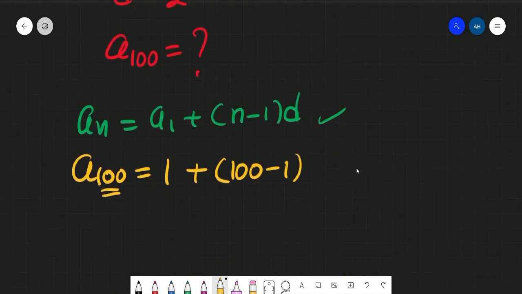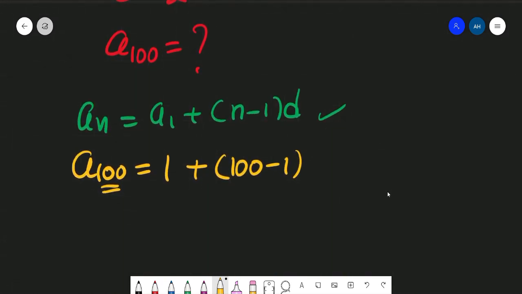So now let's multiply by D, and in this case D equal to 2. So we have here 1 plus 100 minus 1, which is 99, times 2.